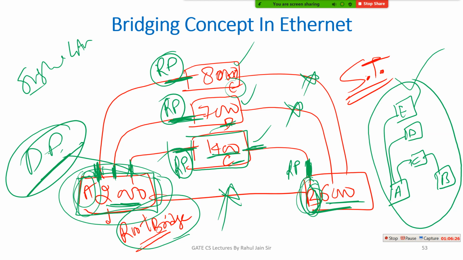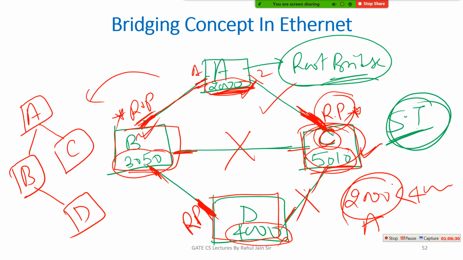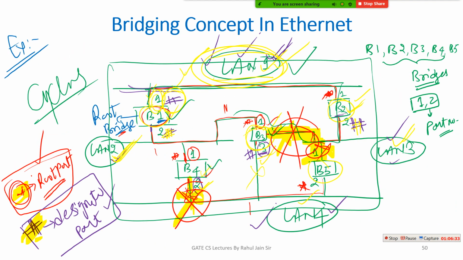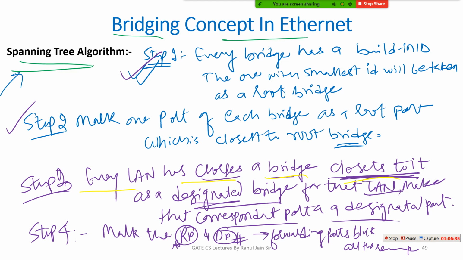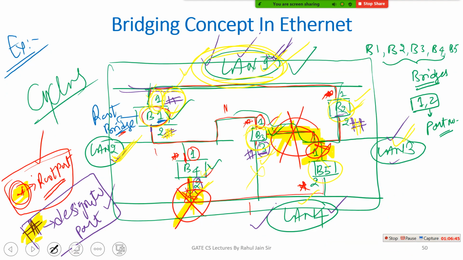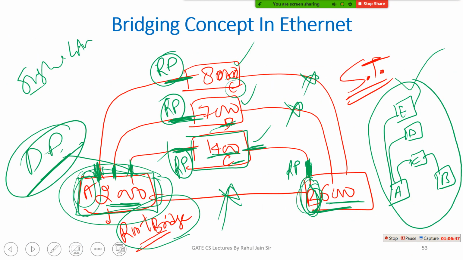Manjit is asking, sir, what if the root bridge is not given? Actually, the root bridge is an essential part of the bridging algorithm. The root bridge is a must. Every bridge has a built-in ID. The one with the smallest ID will be taken as the root bridge. Focus on step one, Manjit. But in this question, this bridge is given as the root bridge.